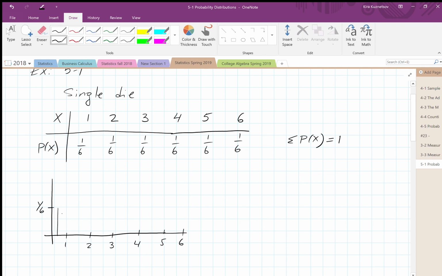Notice that drawing a histogram of this probability distribution looks like you're using 1 through 6 as your classes, so they go on the x-axis, or better yet, the midpoints, because it looks like it's in the middle of your class. But instead of your frequency, you will have the probability.